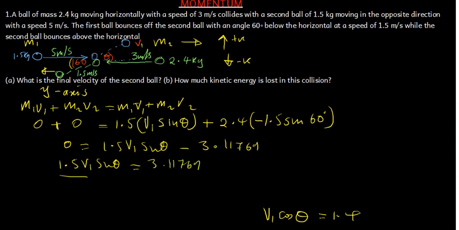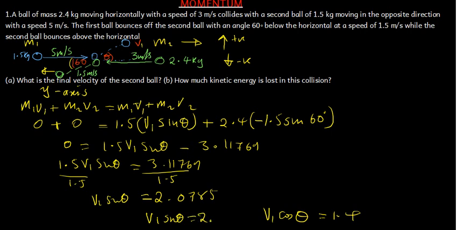Well, let's divide by 1.5 on both sides. So v1 sin theta is going to give us about 2.0785. Okay, so we know v1 sin theta and we know v1 cos theta.